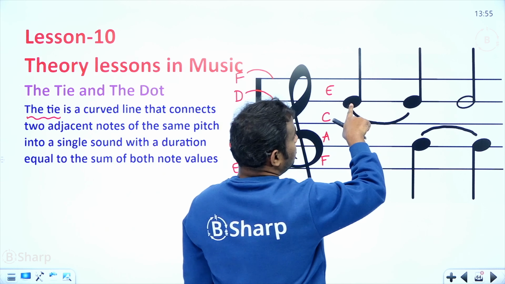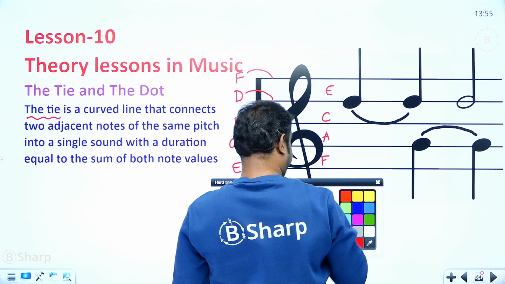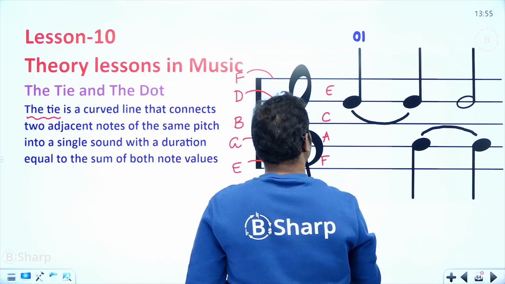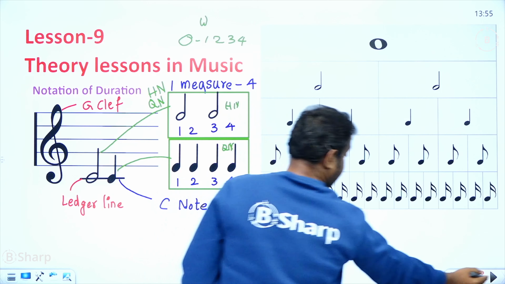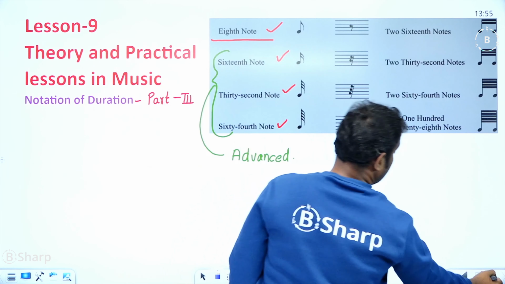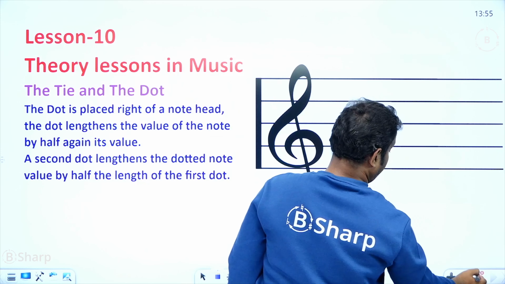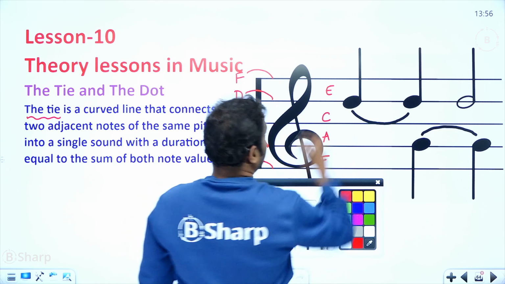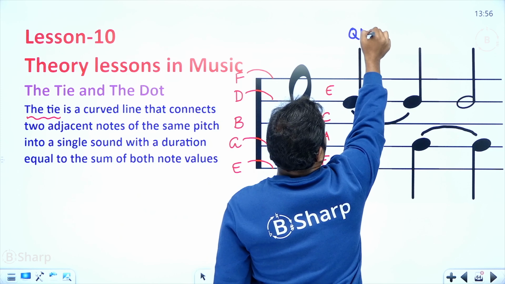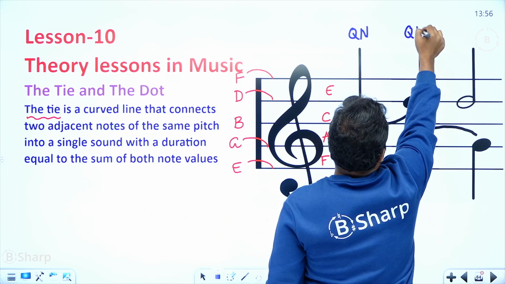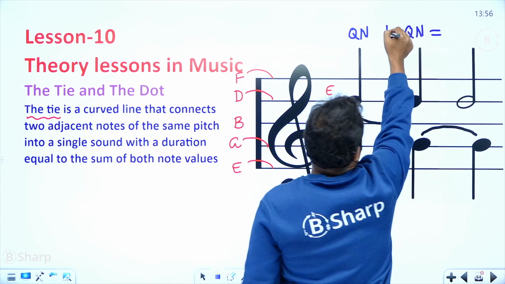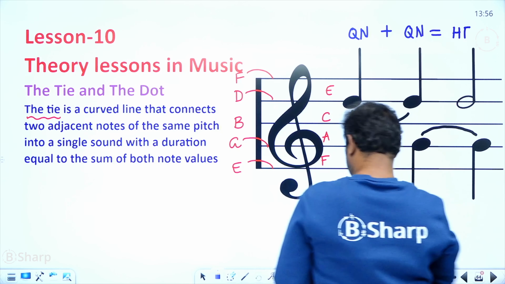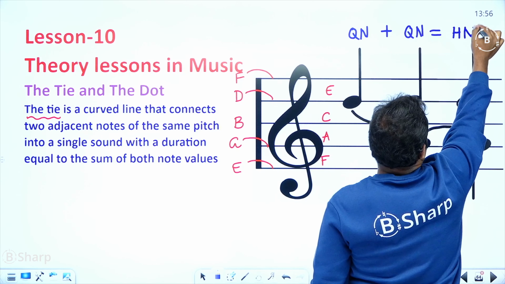There are two quarter notes here: this is a quarter note, this is a quarter note. This combination is going to be a half note.